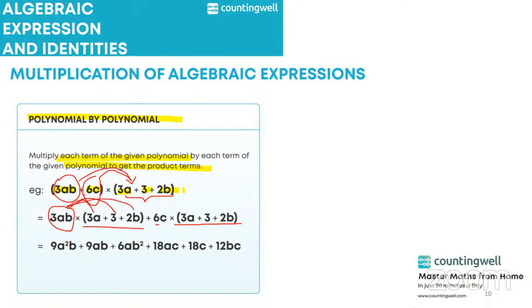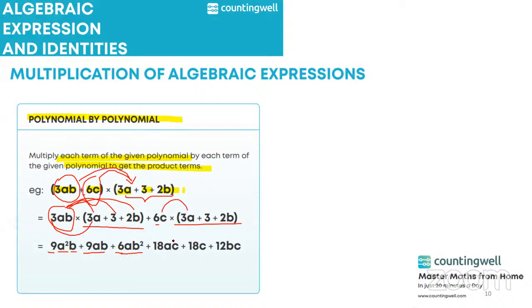So we have 3 into 3, 9, a into a, a square, and b. Then we have 3ab into 3, which is 3 into 3, 9. ab will be retained. Then we have 3 into 2, first multiplication of numerical coefficients, 3 into 2 is 6. ab into b is ab square.